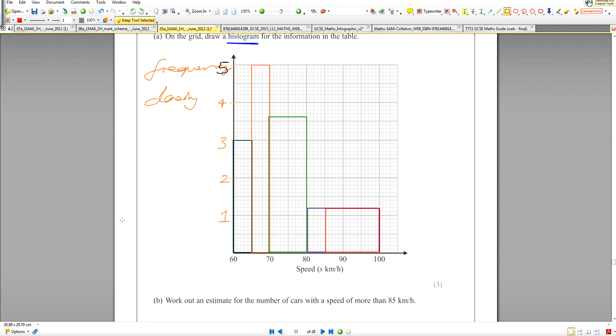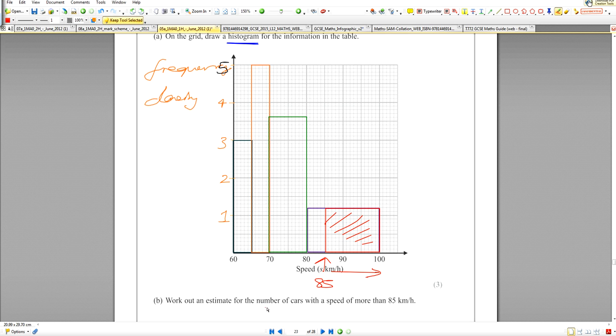Now, can you see the little red box? Let me get hold of a pen. This area, let me get it red. That's starting at 85. Speed more than 85 is everything in the red box.